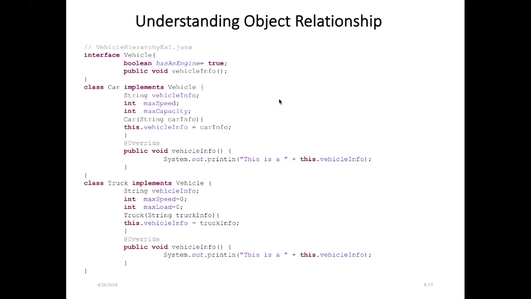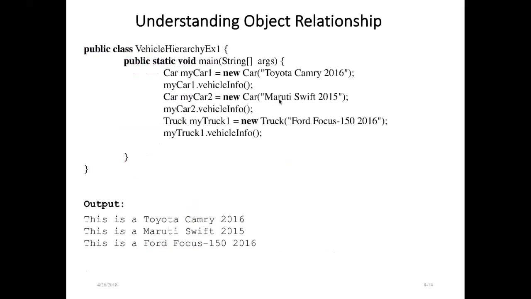This vehicleInfo method will get its current method. This is an example of how to use this in the main method, so you see that the output will be different.